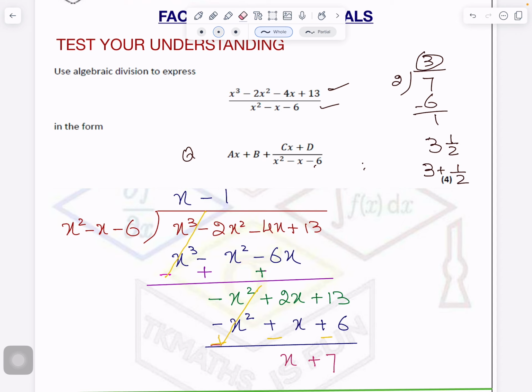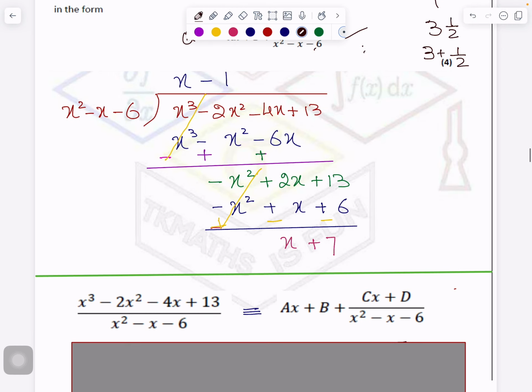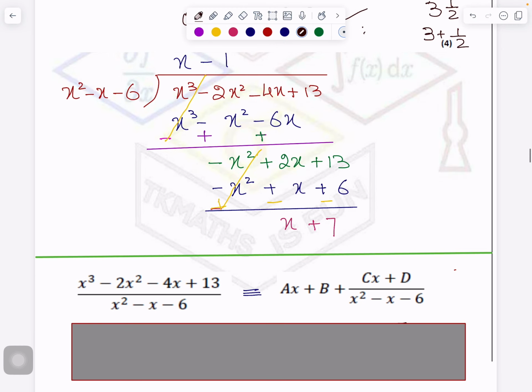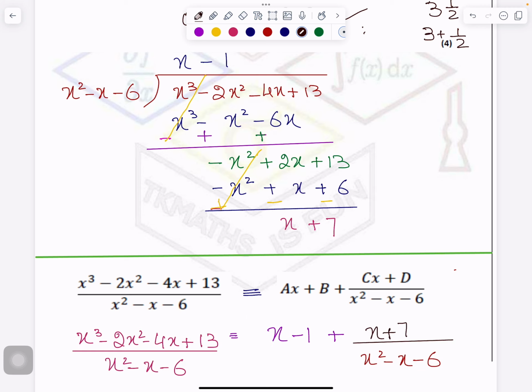Okay. So now in this video, we will see how we will write it. So seeing this long division, can you write it in this form? Okay. So your time is up. Let me show you here. So this is my quotient, so it will come in place of ax plus b here.